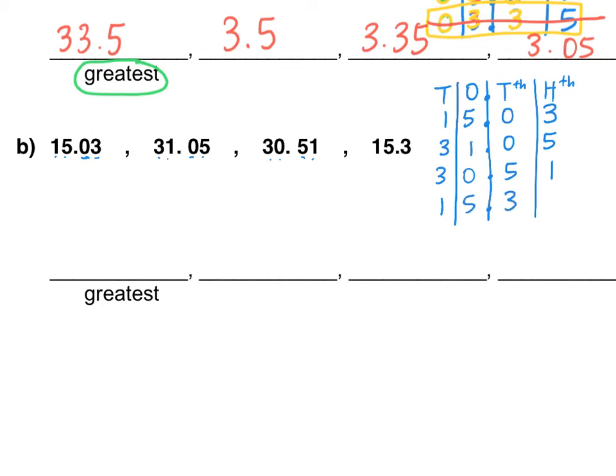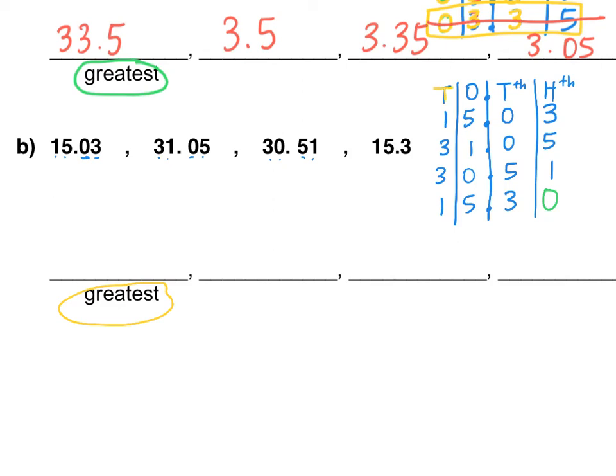So whatever is empty, we fill it with a 0. But do we write it in our final answer? We do not write it in our final answer. Okay, so from here we can begin, keeping in mind we want the greatest decimal.